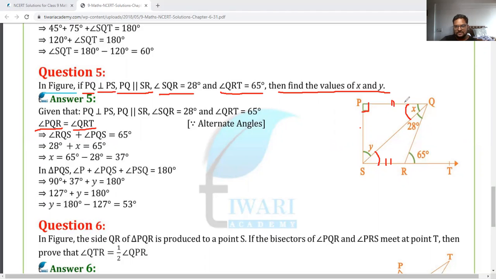So if we make the total sum, x plus 28 will be equal to 65 by alternate interior angles. As they said, your RS and PQ are parallel lines, and we have considered QR as the transversal. Therefore, these two angles are alternate interior angles.